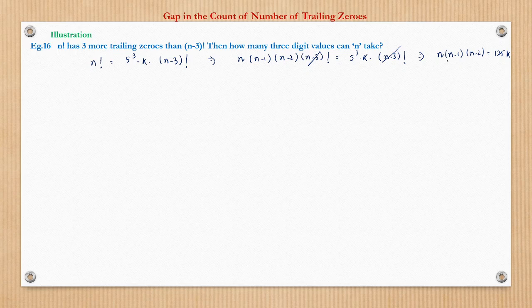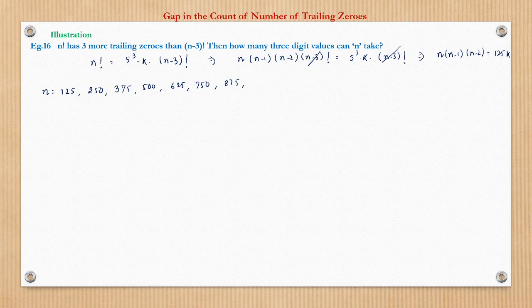So now let us see what this means. It means that these are three consecutive numbers, right? So that should be somewhere around a multiple of 125. So let us see. n can take what values? 125, 250, 375, 500, 625, 750, 875.